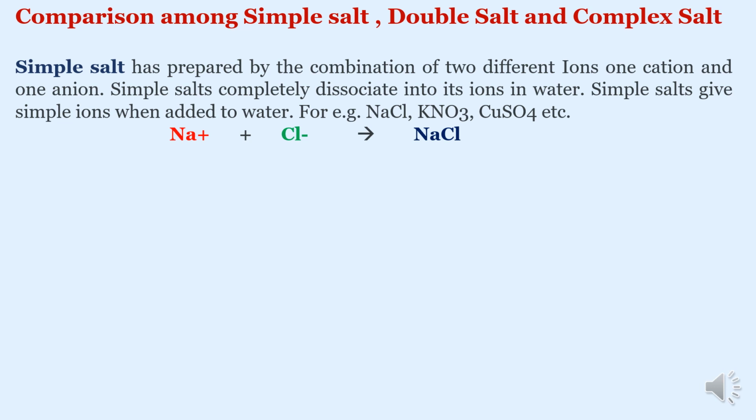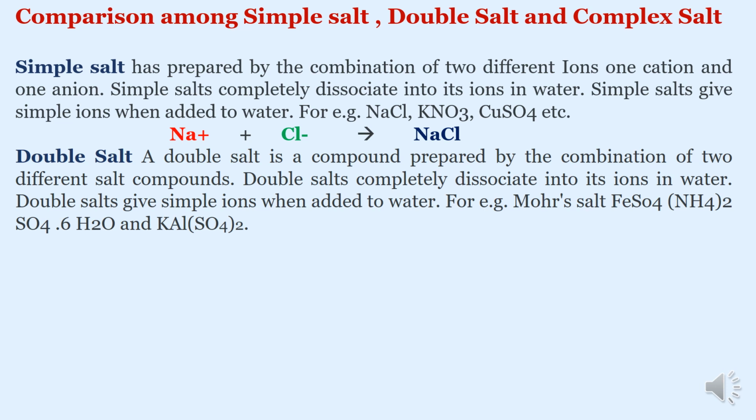Like NaCl dissolved in water, the product is Na+ and Cl-, simple ions. A simple salt gives simple ions when added to water. Therefore it's called simple, because when it dissociates it gives its simple ions.